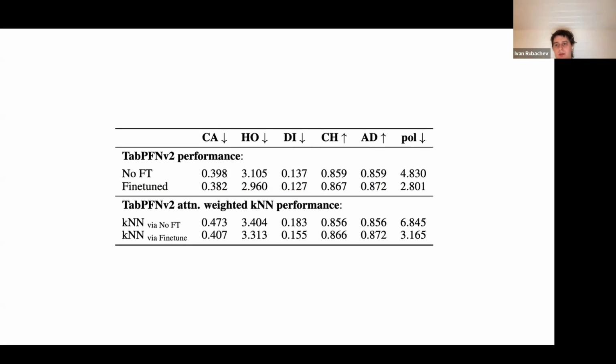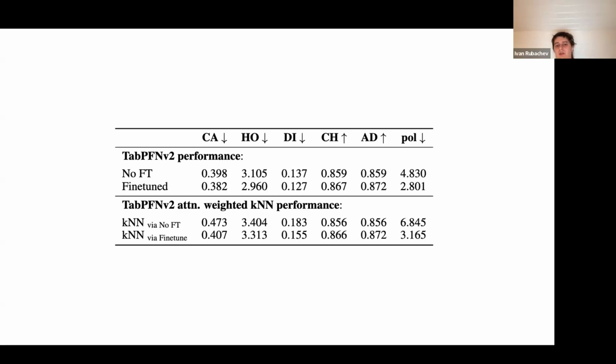There is also a paper at the ACL workshop this year, which does this kind of stuff explicitly to learn a more explainable and understandable TabPFN. And we can see that the attention scores of TabPFN, when you look at the weighted KNN performance, are actually decent. They are okay.